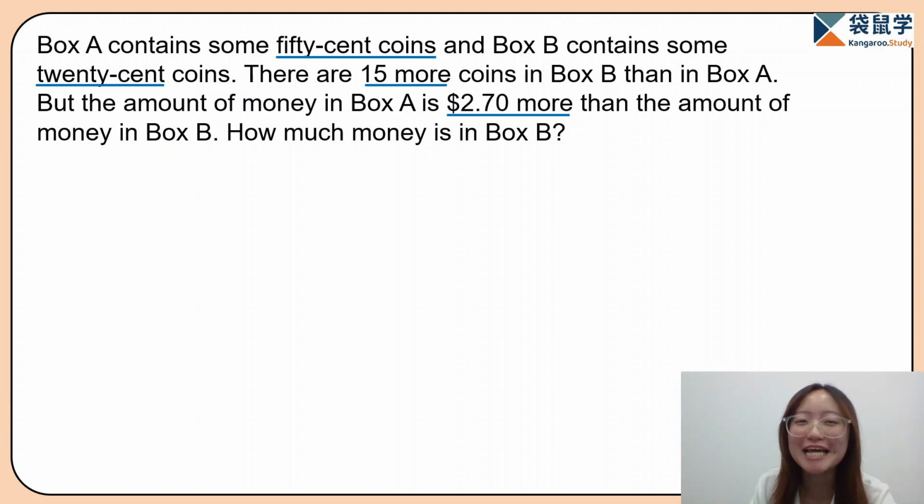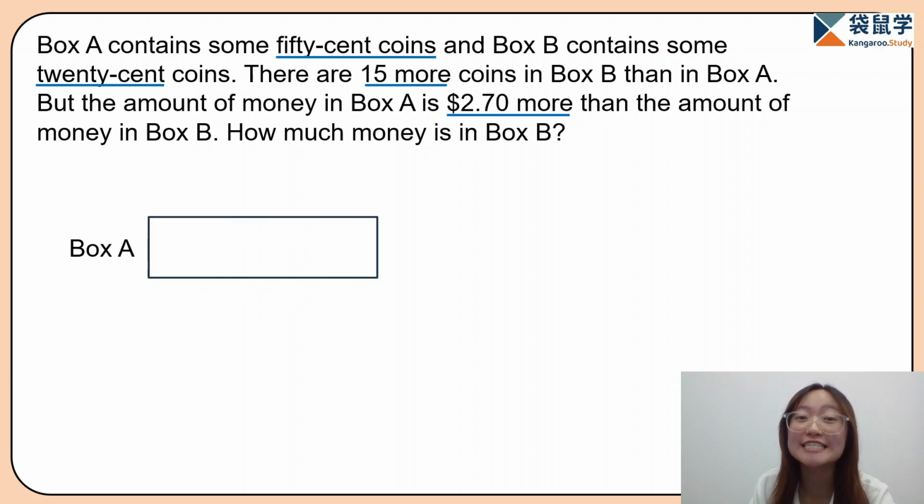The question says box B has more coins, but box A has more money. This is very difficult to visualize. So let's try drawing models. Let's draw A's model first, and this will be the number of coins in box A. Then, will the model of box B be longer or shorter?